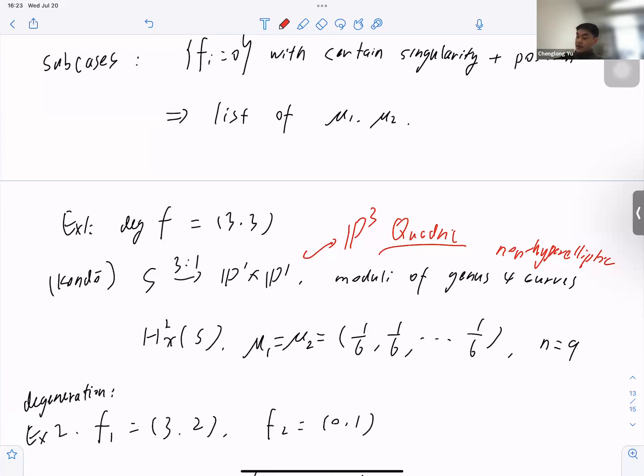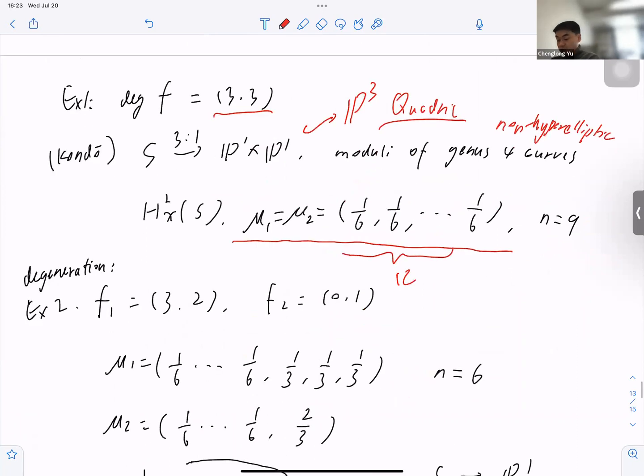And in this case, the two parameters are actually symmetric. So we obtain two identical Deligne-Mostow data mu. So they all correspond to 1/2, 1/6. So there are 12 of them.